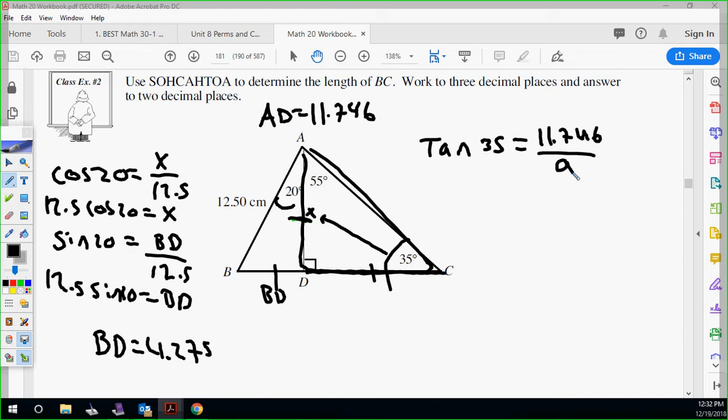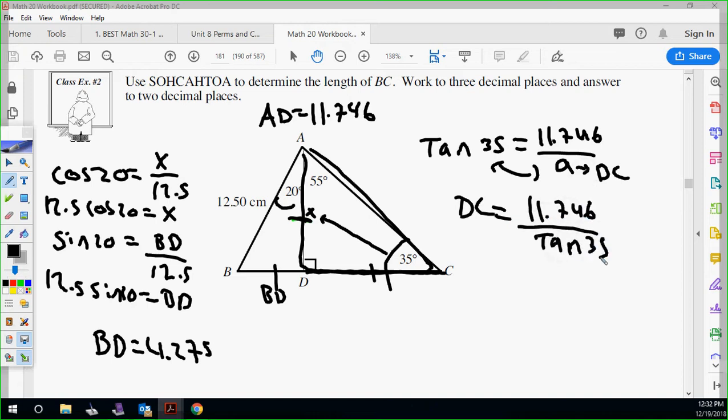Okay. So then these essentially switch spots, like I said. So I'm going to call A just DC, so we know what it is. So DC equals 11.746 divided by tan 35. When you do that, for DC, you should get 16.775.